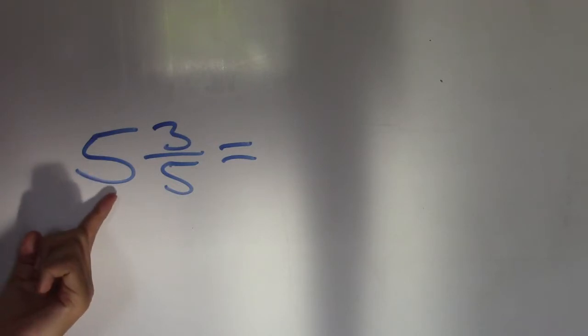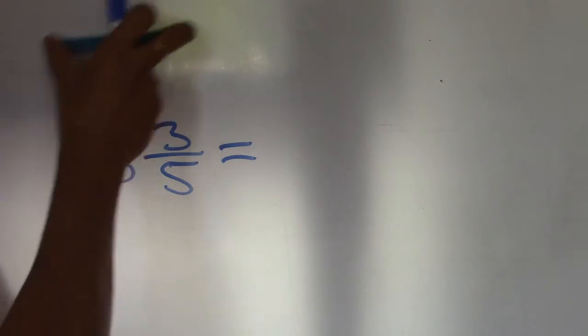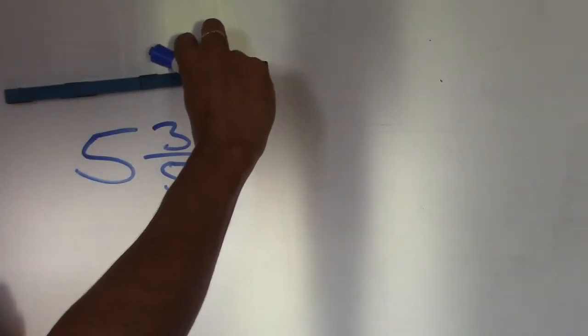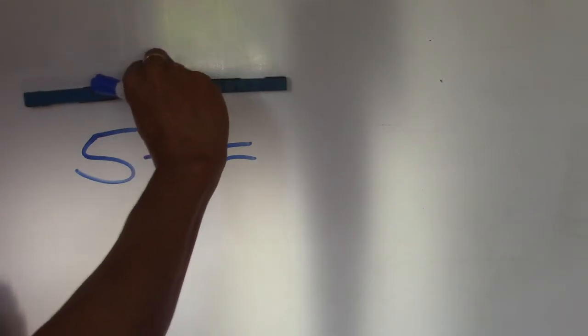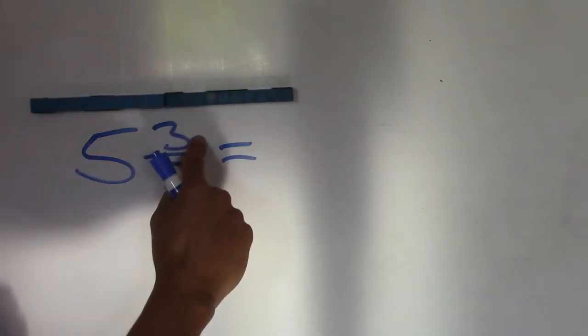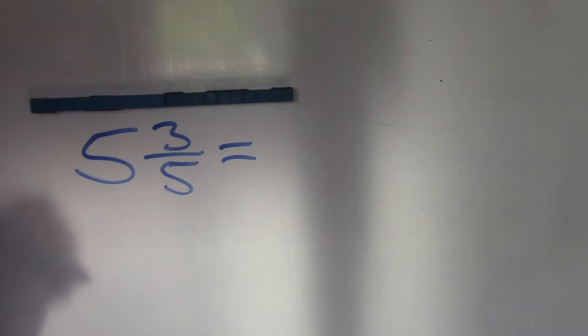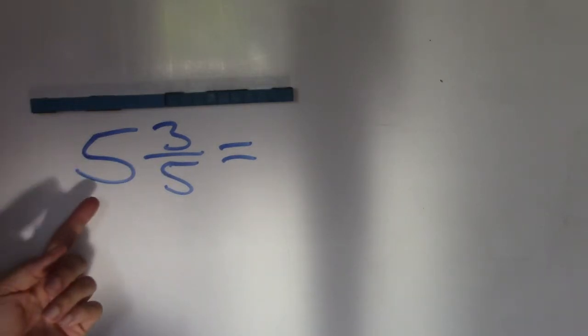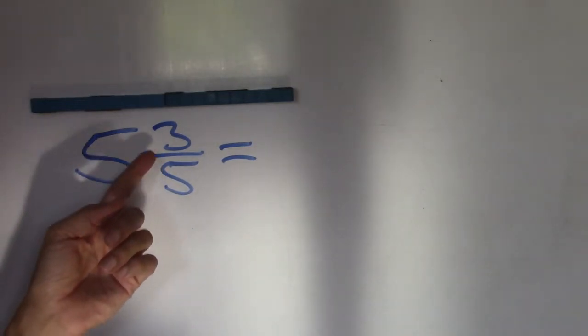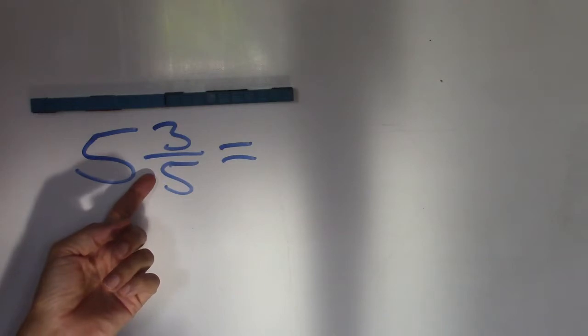This tells you. We have 5. So I'm going to get out 5 of them. In fact, not only do I have 5 of them, I have 5 and some more. Right? So I have 5 and 3/5 of a 5.